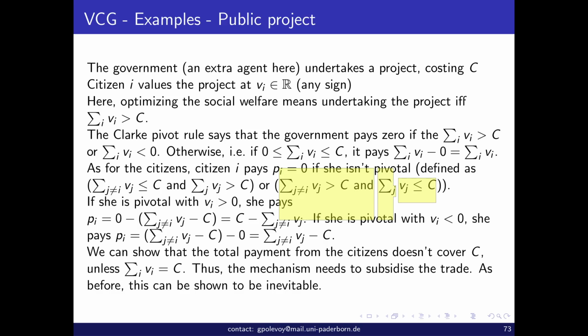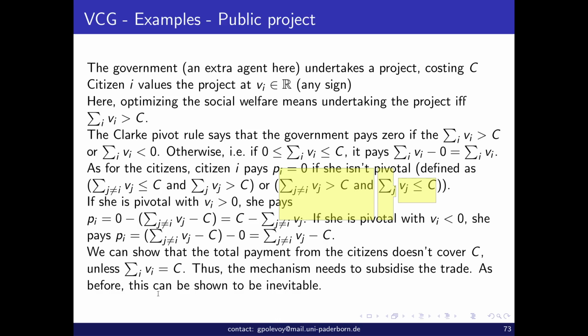And therefore, the total utility of the others, the citizens and the government, is exactly the same, regardless of whether we think of the citizen as something we also need to take into account when optimizing, so she doesn't pay anything. Now, if she's pivotal, the first case, when she's positive, the value is positive, what does she pay?